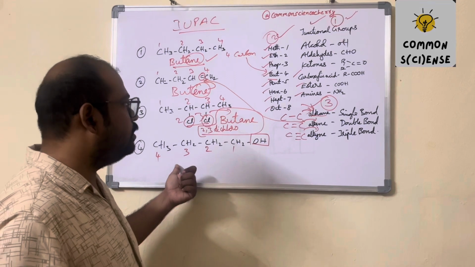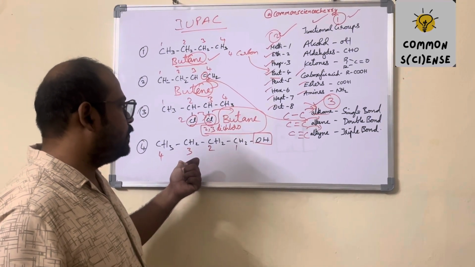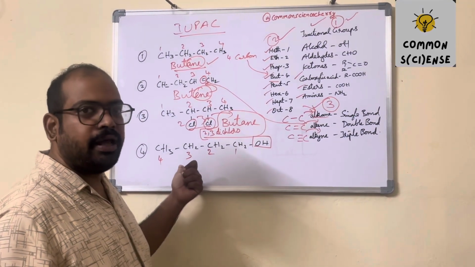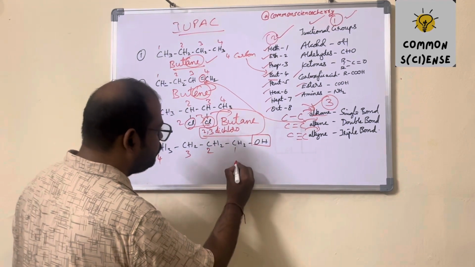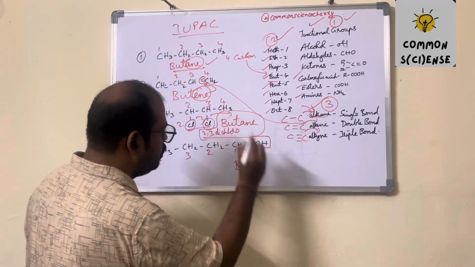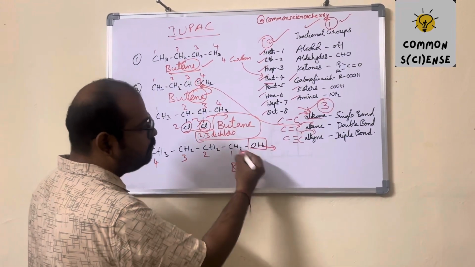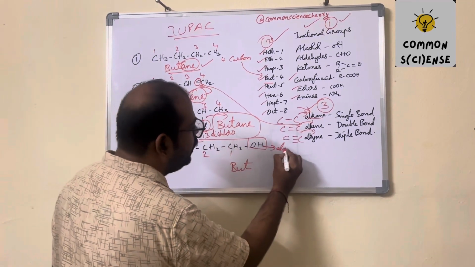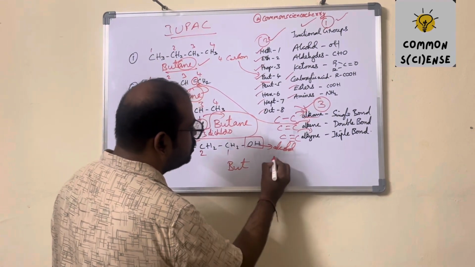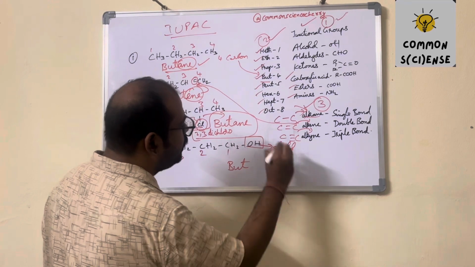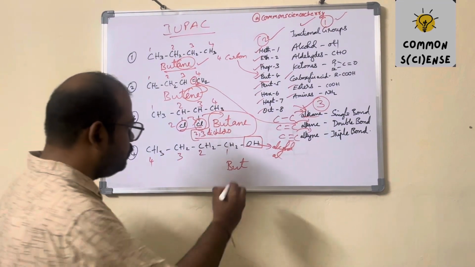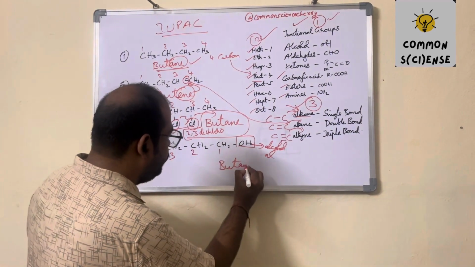How many carbon elements are there? 4. So it starts with but. Is there any functional group? Yes. What is the functional group here? It belongs to alcohol. So what is the name it contains? Ol. So I can write butanol.